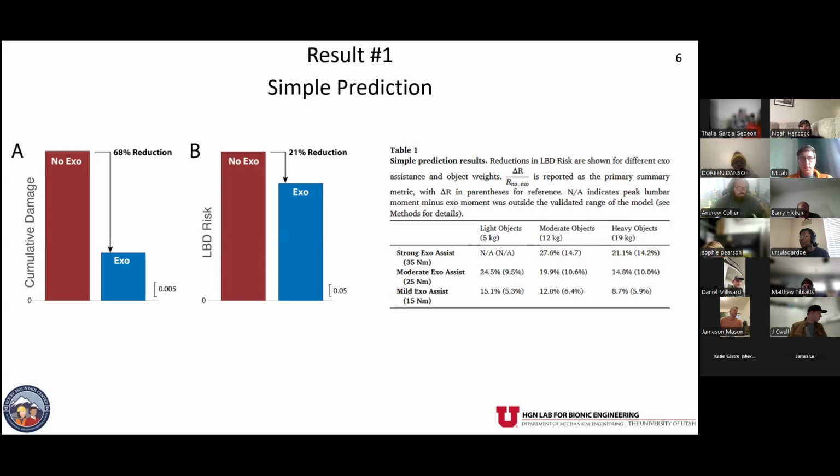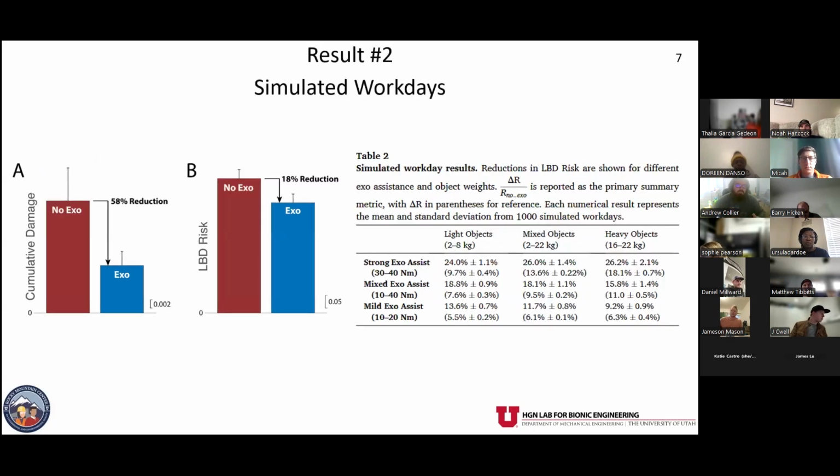It seems really obvious, so they did a second test that simulated different work days. You can carry a variety of mixed objects, so they added in 2 to 8 kilograms, 2 to 22 kilograms, and 16 to 22 kilograms for the heavy objects.